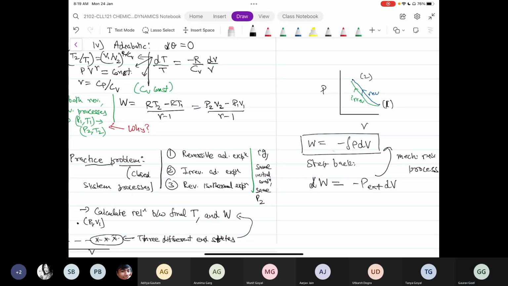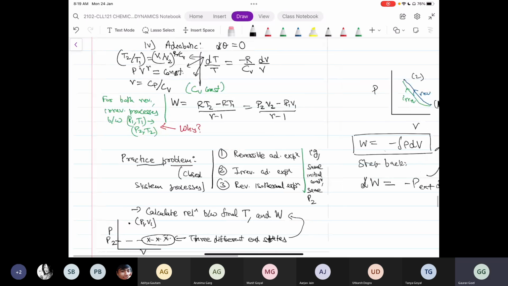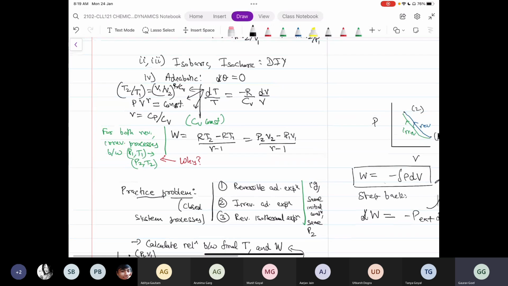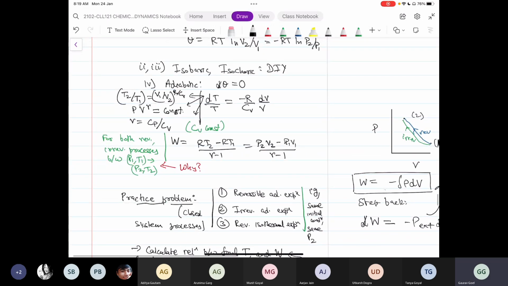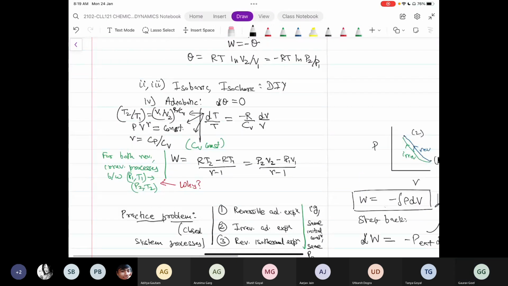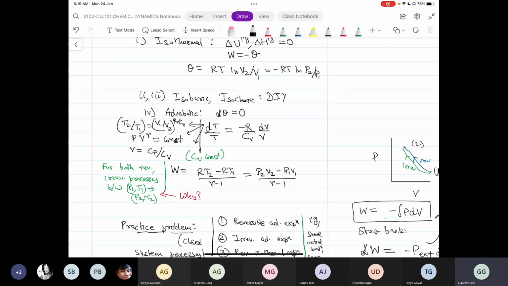Okay, and now if you go back to how I derived it, what we were able to do was relate W. I believe somewhere I must have written this. Okay, maybe I can do that now. So here I've done that indirectly, and maybe in words I have explained it. So this is my starting point, the first law. For the adiabatic process, dq is 0.